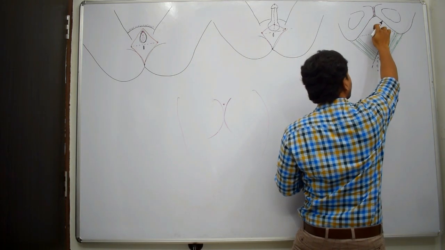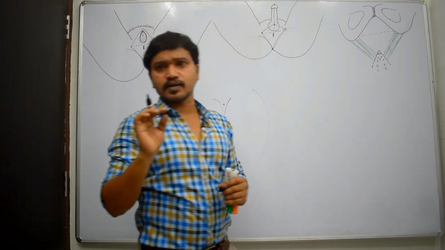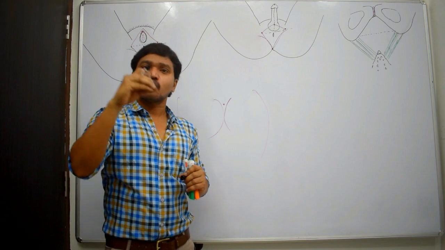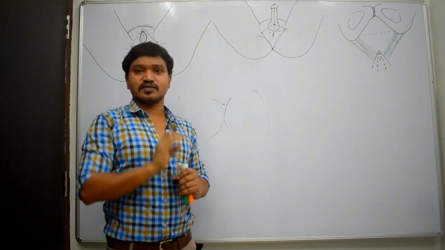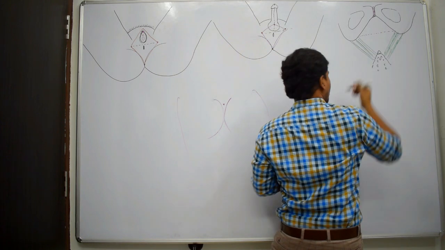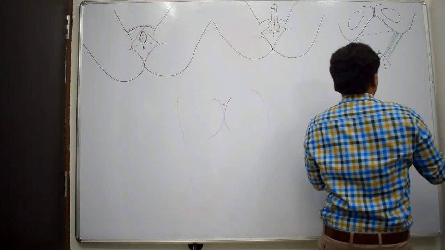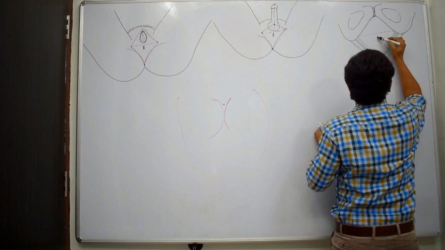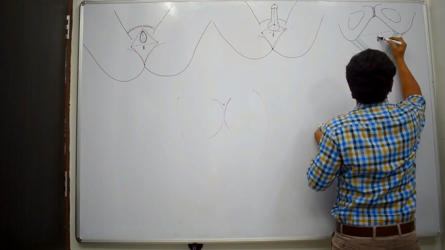This anterior part we call the urogenital triangle, because that area contains urogenital openings and urogenital structures. Behind this, the area contains the anus. That triangle we call the anal triangle.